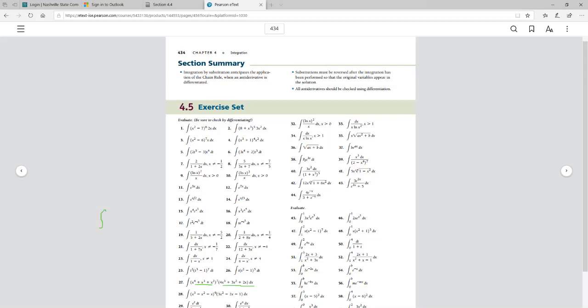It's actually going to be the integral of u to the power of 7 du. It's an indefinite integral, so that's going to be u to the power of 8 over 8 plus c. And now the only thing left to do is to go back and substitute x to the power of 4 plus x cubed plus x squared in for u, and then you're done.